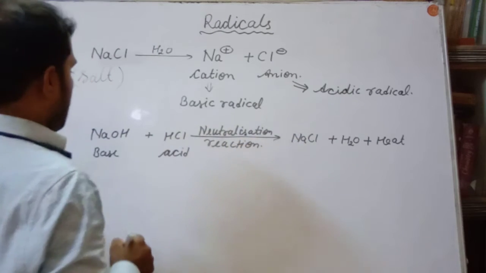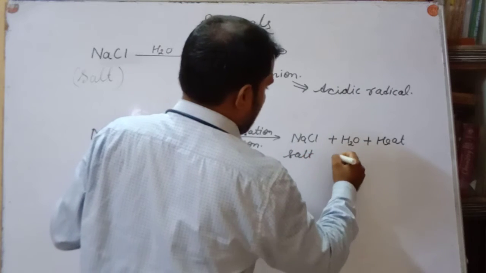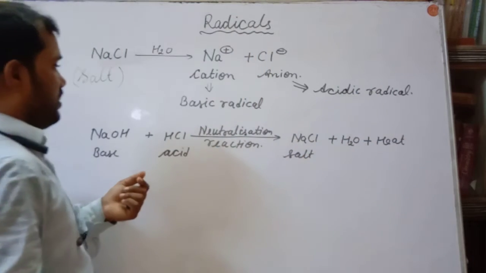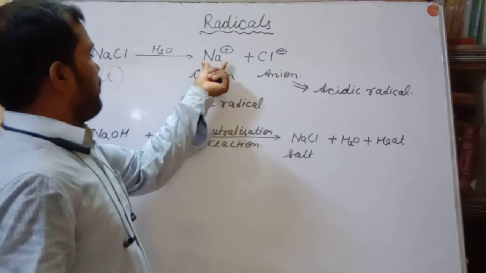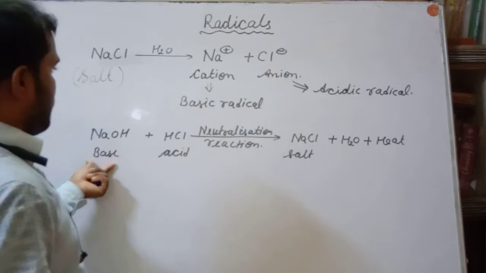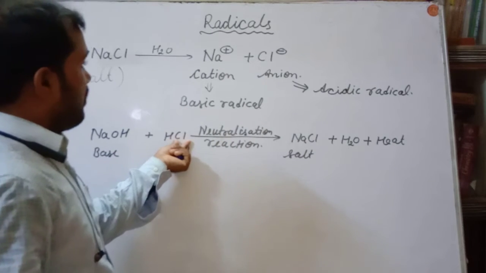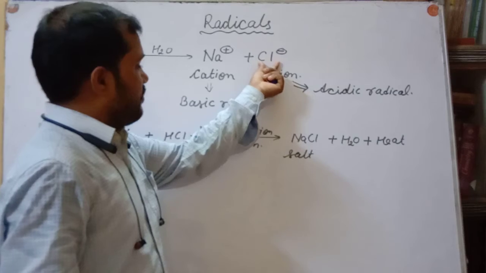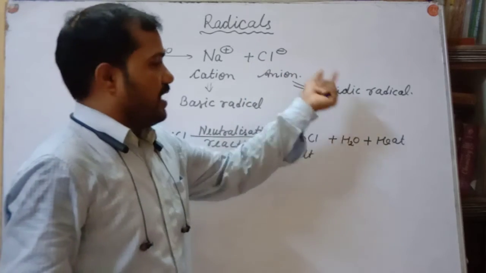See, this is acid, base, salt, water and heat. You can see this Na+, the cationic part, came from the base. That is why it is said to be basic radical. Cl- came from HCl, which is acid, so it is known as acidic radical.